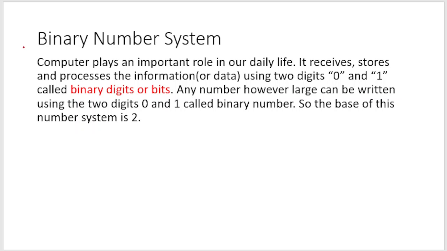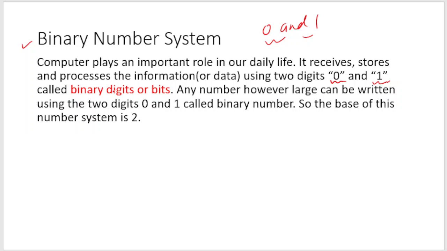Now let us look at the binary number system. First of all, let us get an idea about it. So you might be aware that computer plays an important role in our daily life. It receives, stores and processes the information or data using the two digits 0 and 1. So computers work with the digits 0 and 1, and these are very important digits for the computers.